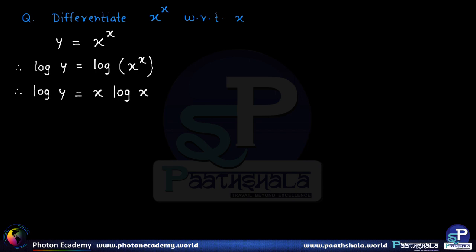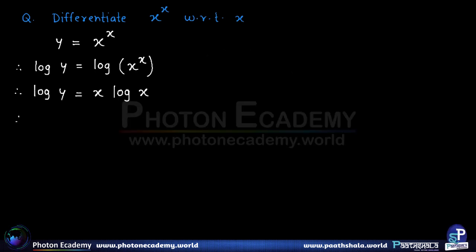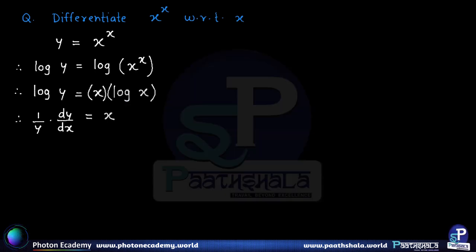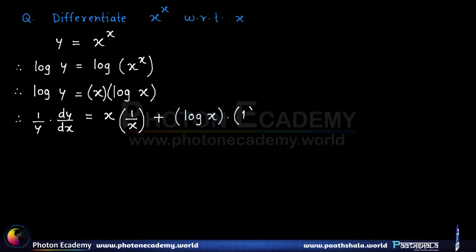Now the next process is the differentiation. Now we differentiate both sides with respect to x. So therefore the derivative of log y is 1 upon y into the derivative of y is equal to, now on the right hand side we see that we have a product of two functions, so we use the product rule, that is first function x into the derivative of the second function, and the derivative of log x is 1 upon x, plus the second function as it is, which is log x, into the derivative of the first function, that is the derivative of x, which is nothing but 1.